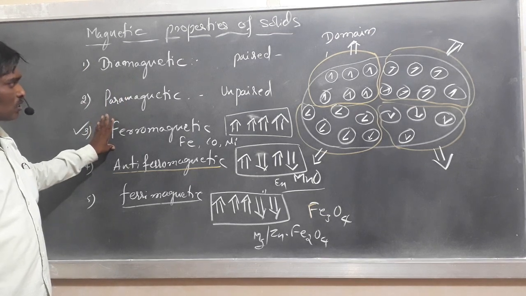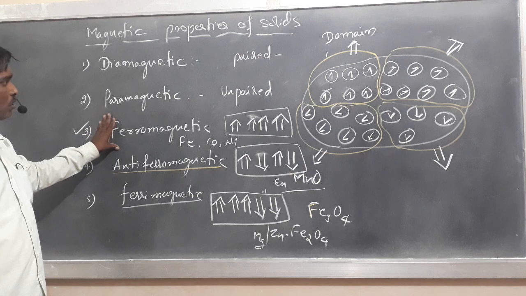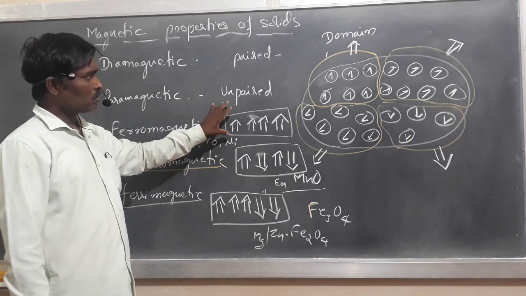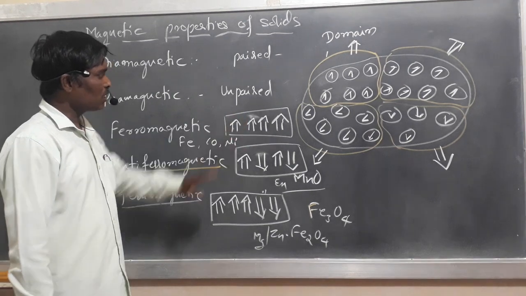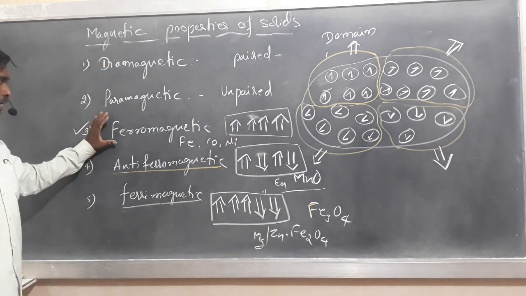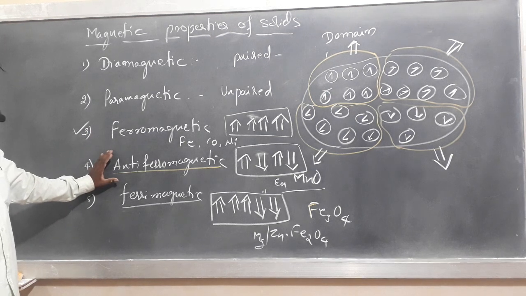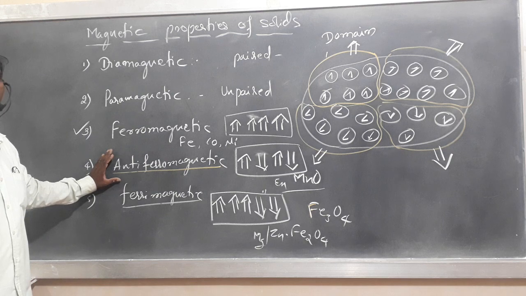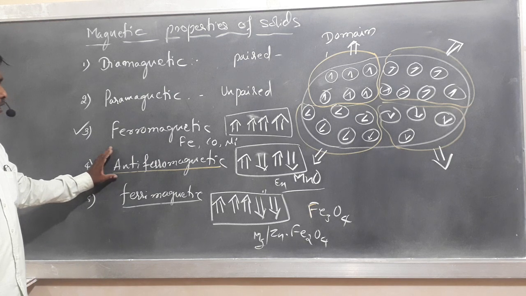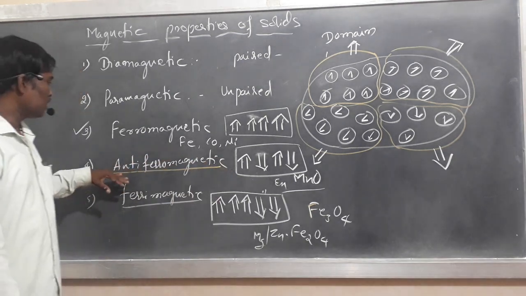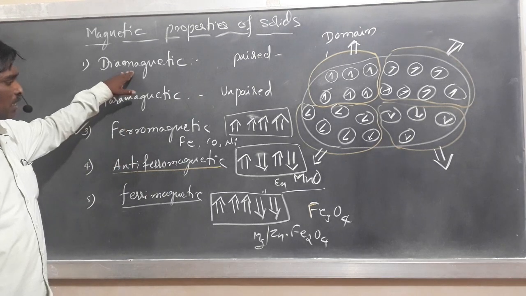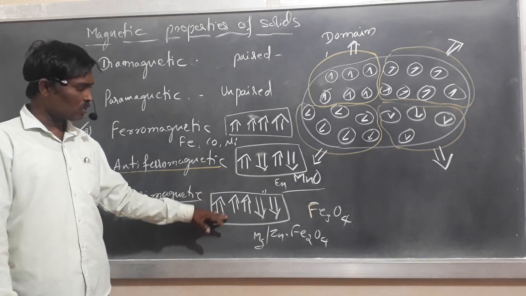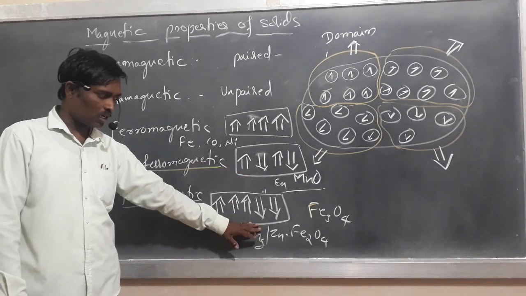A ferromagnetic substance also contains unpaired electrons, more of them, and a group of atoms we call the domains. All the domains are oriented in one direction. It shows enhanced magnetic moment. Next, in an antiferromagnetic substance, an equal number of domains are oriented in opposite directions. Therefore, they cancel each other, and those substances behave like a diamagnetic. And lastly, in a ferrimagnetic substance, more domains are oriented in one direction and few in the opposite direction.